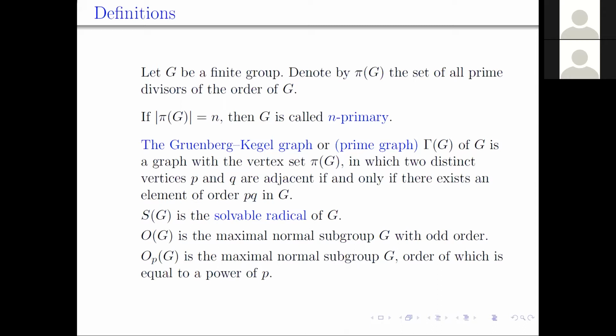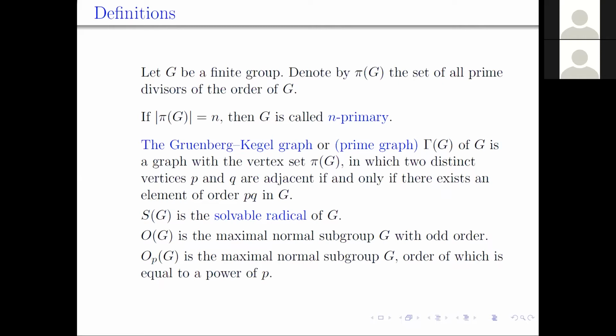largest normal subgroups of G. The first definition is S(G), the solvable radical of G. In other words, it is the maximal solvable normal subgroup of G. O(G) is the maximal normal subgroup of G with odd order.